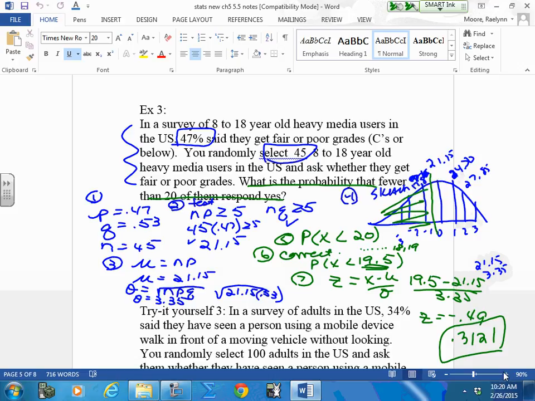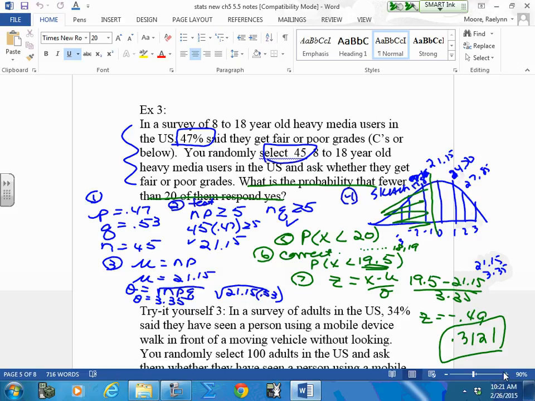Sketch is always helpful. Even if you don't do all the pieces out, do enough so that you see which way it's going. Because once you hit your z-scores, your area is always to the left, but if your area is to the right, you have to subtract from 1. That always stays the same. Can you use your normal CDF after this? Yeah.